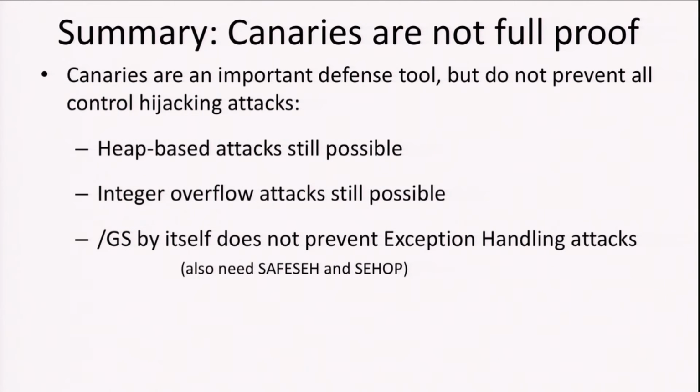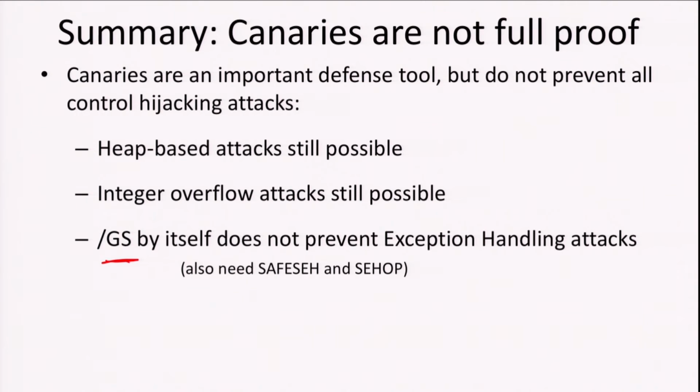So in summary, the canaries are important defense tools, and they are used most of the time, but they do not prevent all control hijacking problems. Heap based attacks are still possible, as we will see, and integer overflow attacks are totally independent of this. The /GS flag does not itself prevent exception handling attacks.